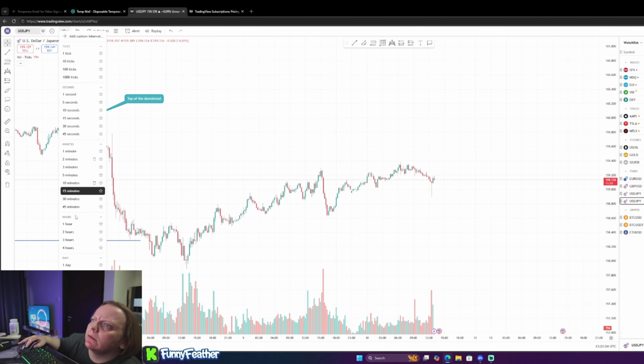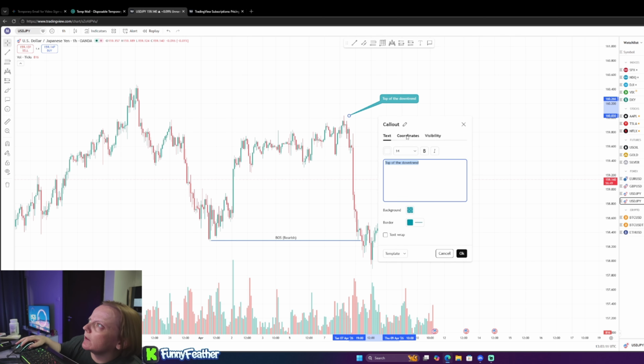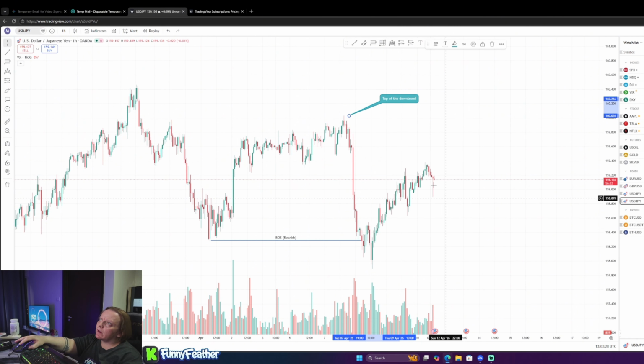Let's go back to the 1 hour. Also, you can set visibility options. You can have them on all different time frames or on only one time frame. So for example, I saw this on the 1 hour, so maybe I make it only on the hourly.